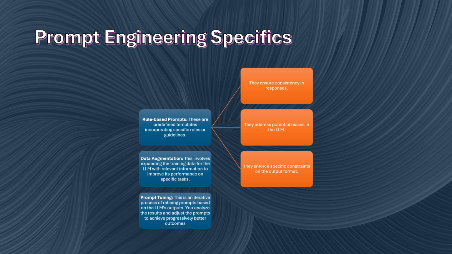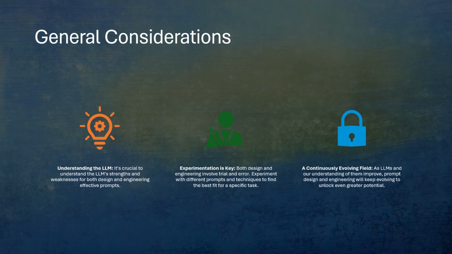This is an iterative process of refining prompts based on the LLM's outputs. You analyze the results and adjust the prompts to achieve progressively better outcomes. Rule-based prompts, data augmentation and prompt tuning ensure consistency in the responses, address potential biases of the LLM, and enforce specific constraints on the output form.